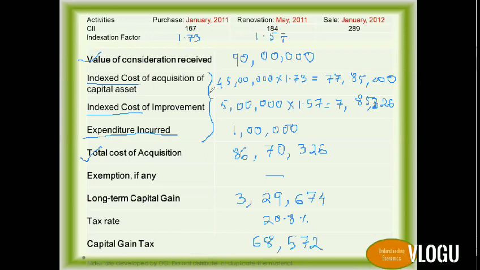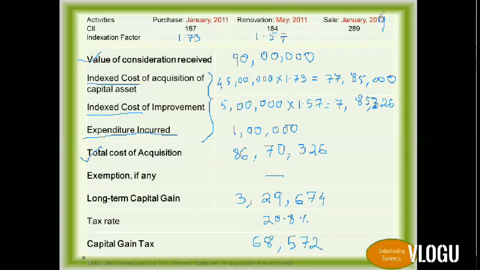At the cost of 45 lakh, the person acquired the property, and he sold it at double the price, that is 90 lakh rupees. But when we consider the indexed value, we can find that the value of money has deteriorated. That's why the 45 lakh rupees in 2011 became 77 lakh 85,000 in the year 2019.